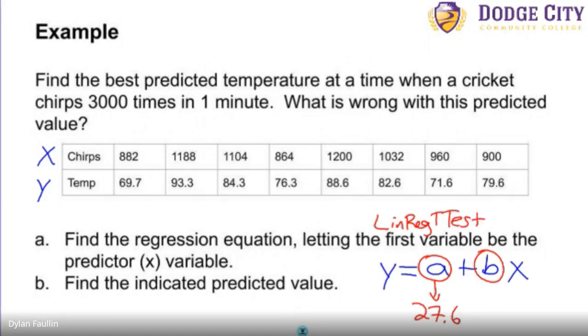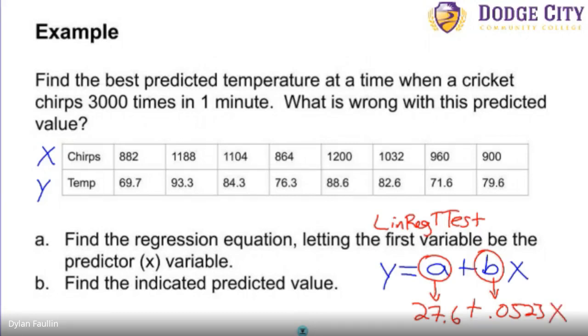It actually calculates the value of a for us, so we don't have to use that formula to do the calculation. And what does it say the value of b is? 0.0523, and then x.